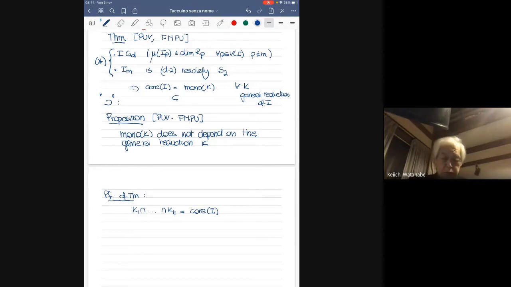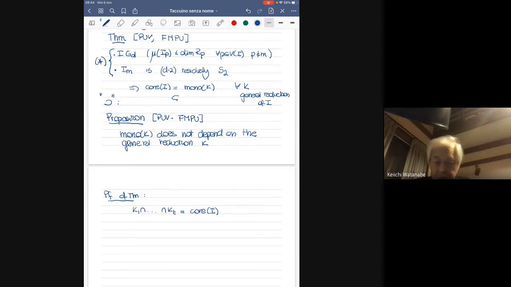But actually you can prove, and we did this with Fouli and Montaño, and Ulrich, that you can use condition star enough to write the core even as an intersection of finitely many general reductions for a K-algebra.